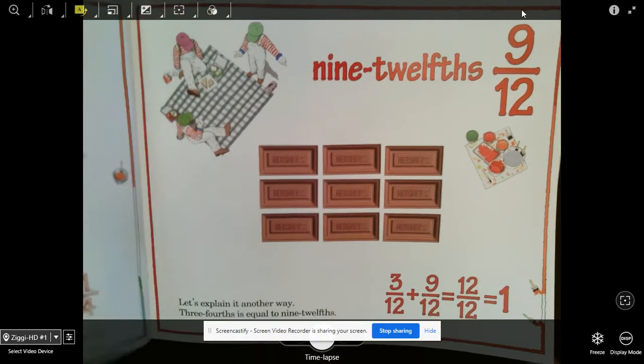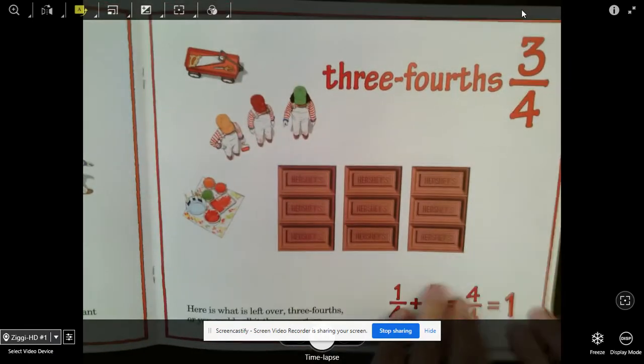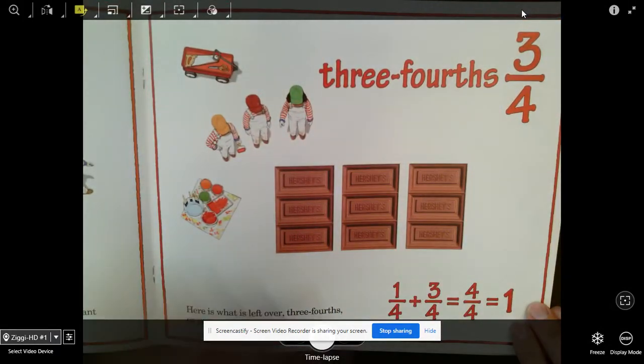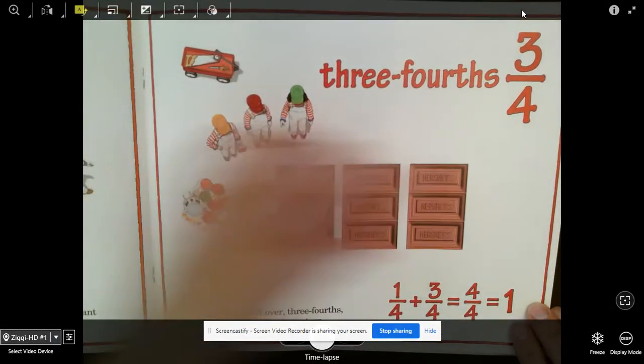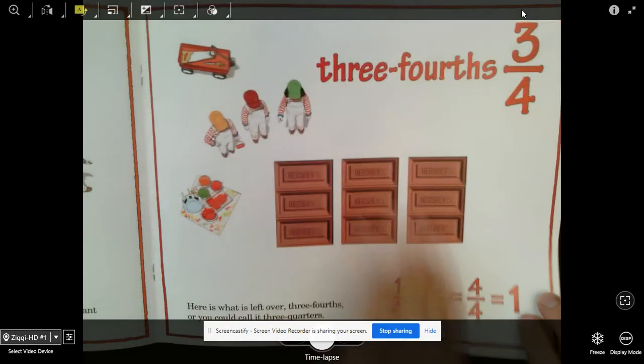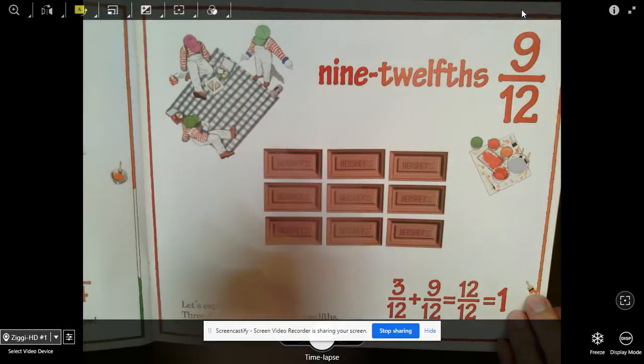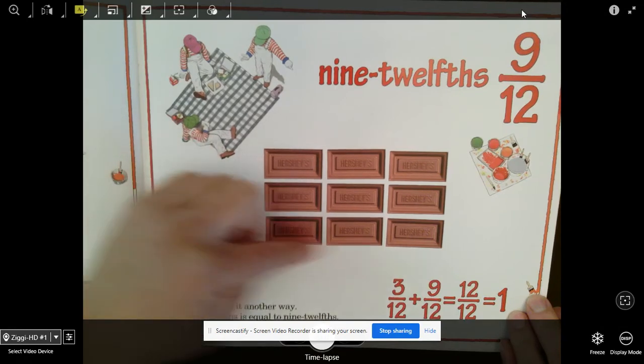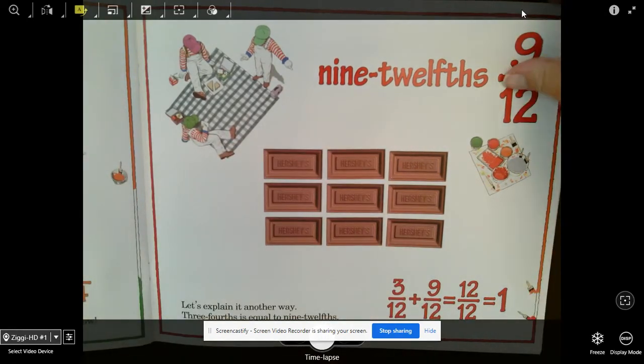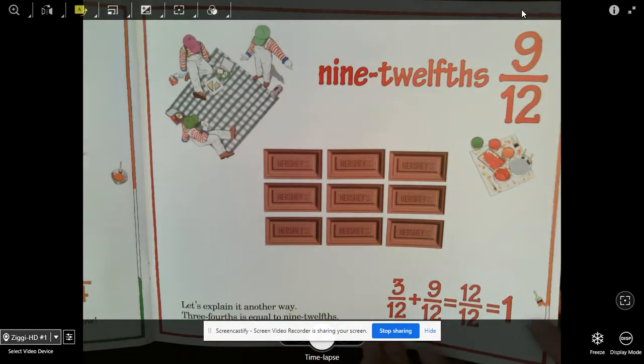So the other one that we saw, 3/4, see, 3 sections out of 4 sections. 3 out of 4 is the same as 9/12, except they're split apart now. So 3/12 plus 9/12 equals 12/12, which is equal to 1.